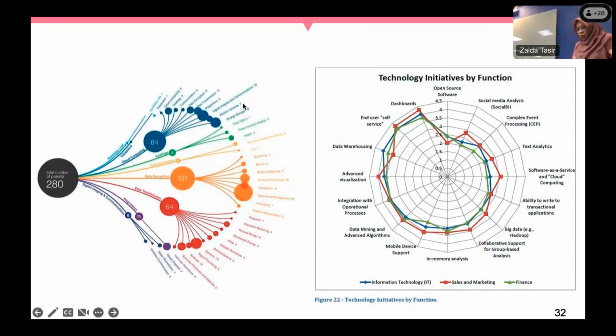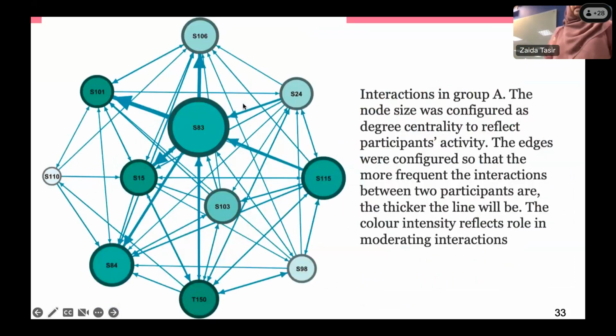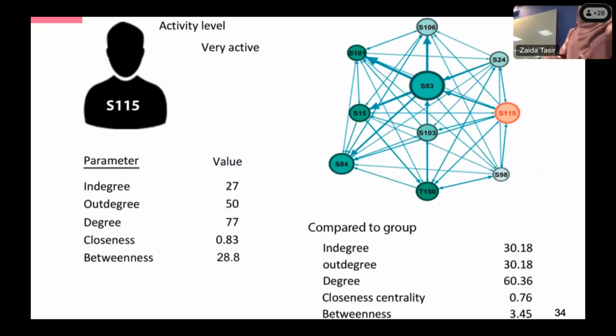If you are using social network analysis, another way to represent it is to show the interaction among the students. You can use social network analysis like this to show the interaction. And another way is if you combine it with the demographic data or the specific respondent, you can just use a diagram to show it.